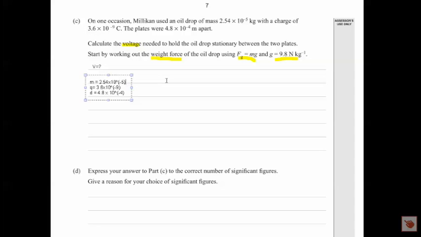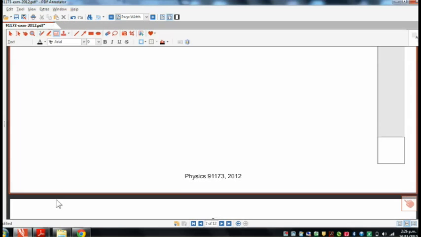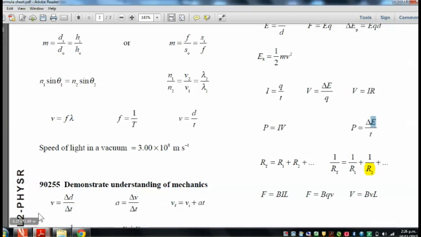I can utilize it here right where I need it. So, using force of gravity equals mass times acceleration due to gravity, I'm going to use the mass here, and gravity 9.8. Electrostatic. Maybe we can go ahead and have a gander at the formula sheet, see what we can find out about any electrostatic forces.